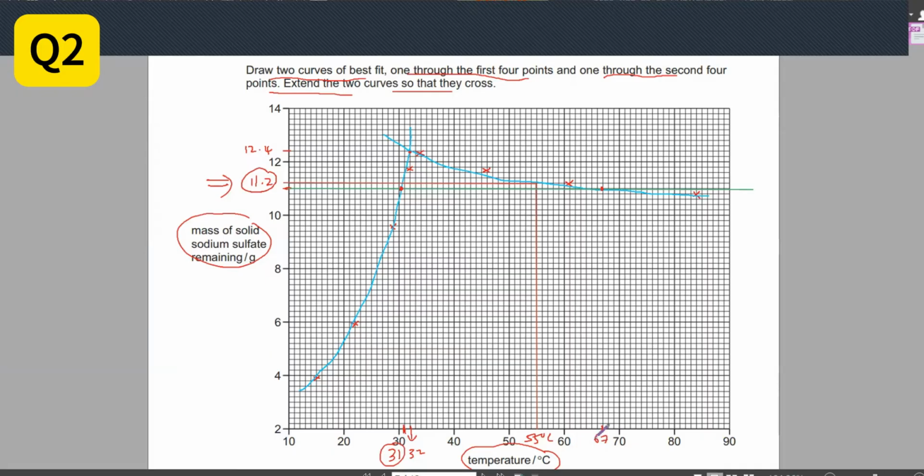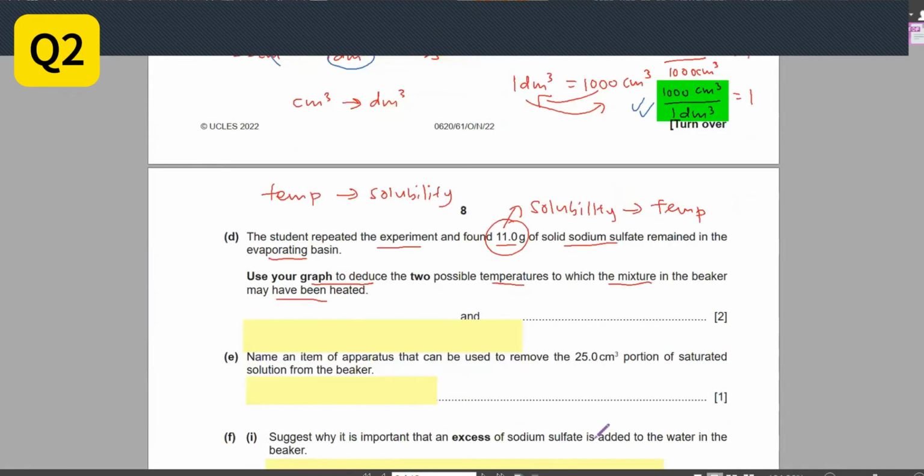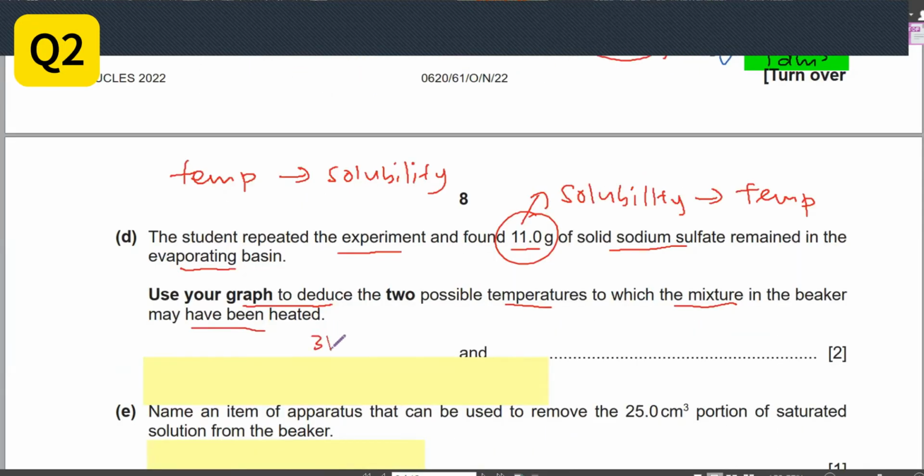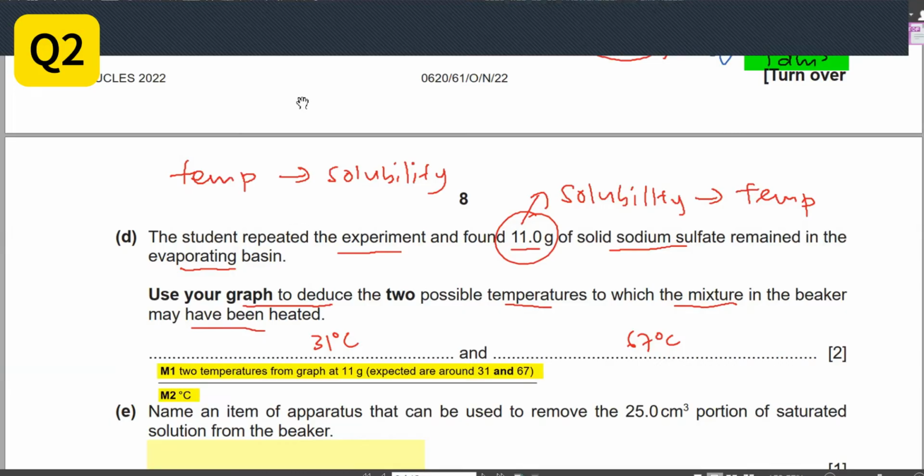Okay, so this will be our answers: 31 degrees Celsius and 67 degrees Celsius. Take a look at the marking scheme. The two temperatures at 11 grams are 31 and 67. Okay, so that's the idea.